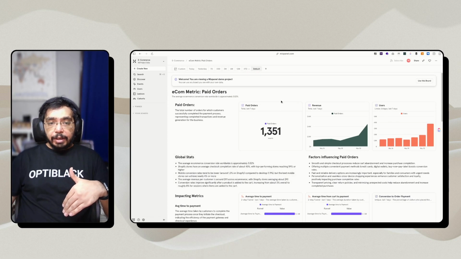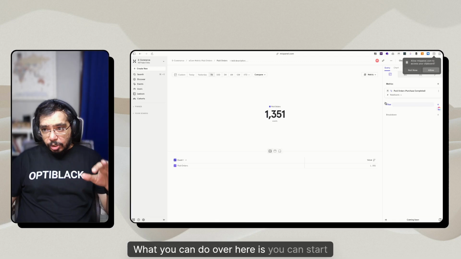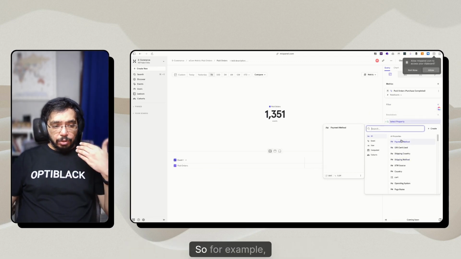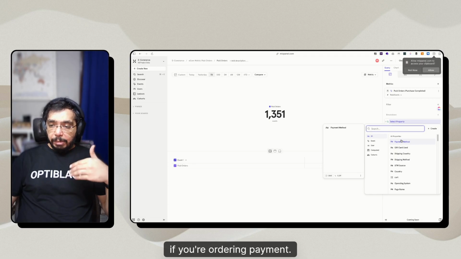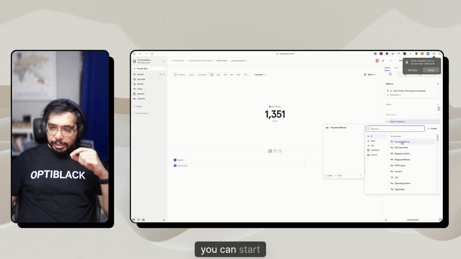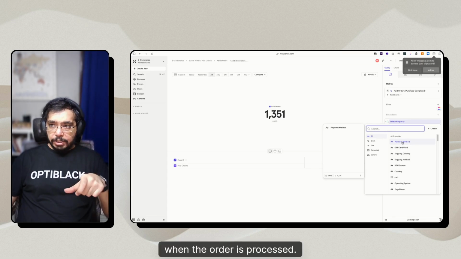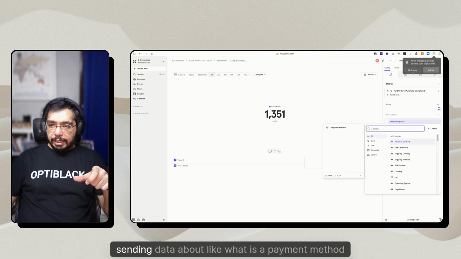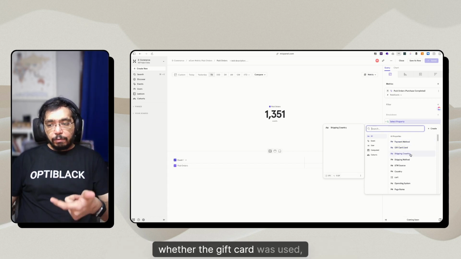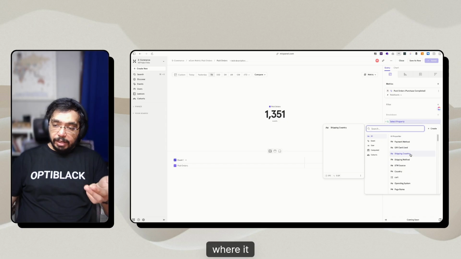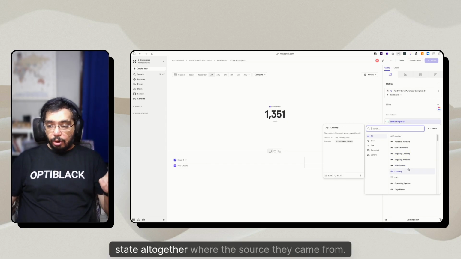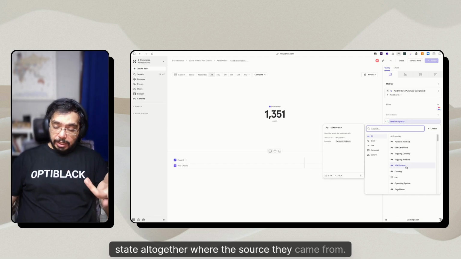What you can do over here is start collecting data by different means. For example, if you're doing paid orders, you can start when the order is processed. You can also send data about what payment method was used, whether a gift card was used, where it is being shipped to, whether a country, city, or state, and the source they came from.